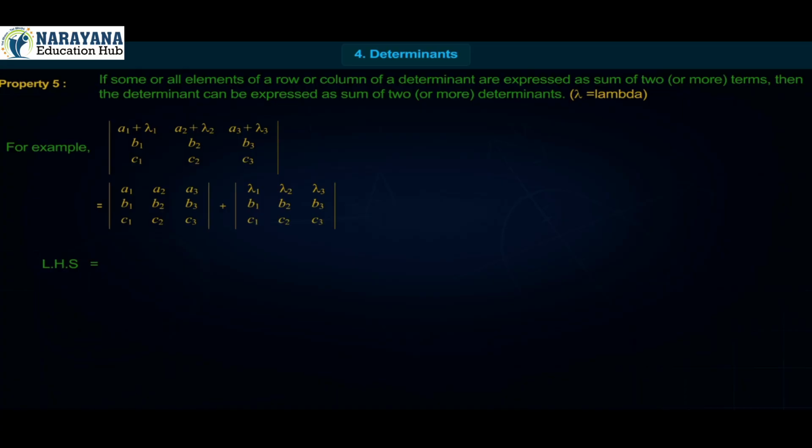Left hand side is equal to determinant a1 plus lambda 1, a2 plus lambda 2, a3 plus lambda 3, b1, b2, b3, c1, c2, c3.